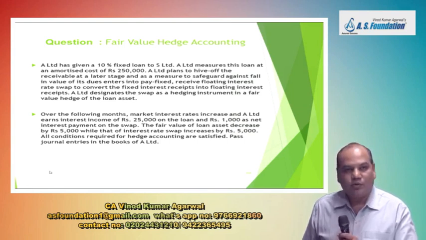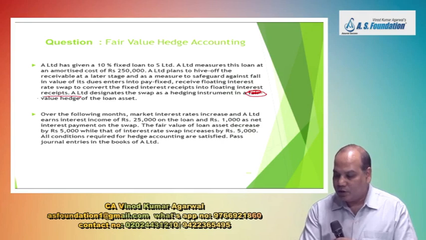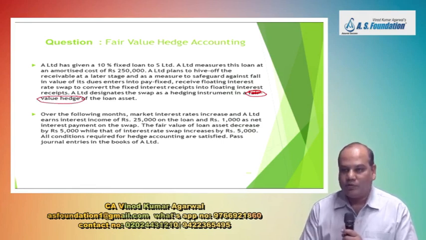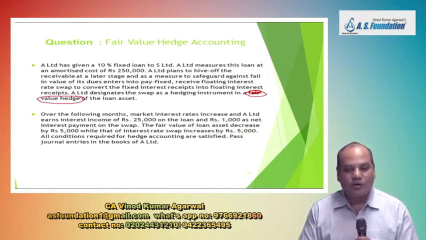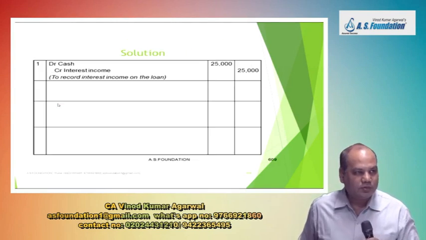Pass journal entries in the books of A. What is the type of hedge mentioned in the problem itself? Fair value hedge. Is it right? So pass the same 4 entries: interest received on loan asset, interest received on interest rate swap, gain on derivative, loss on loan asset.